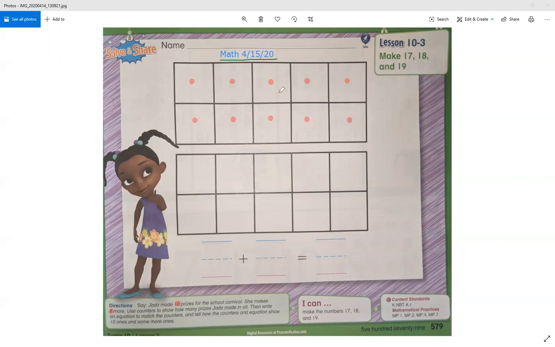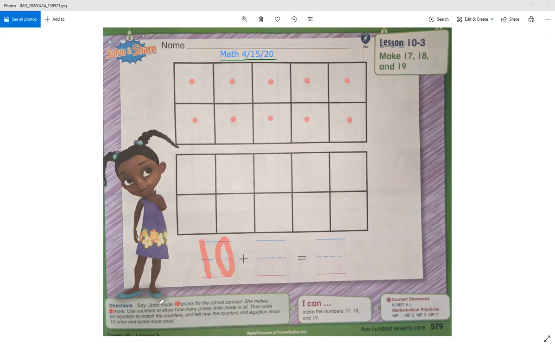So each one of these dots is 1 prize, okay? So that's 1 prize, this is another prize, that's another. So there's 10 that she started off with. And you know what? Let's go ahead and put a 10 for this equation, because we know she's starting off with 10 prizes.